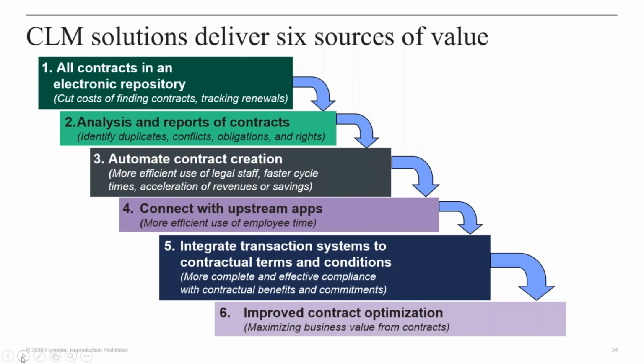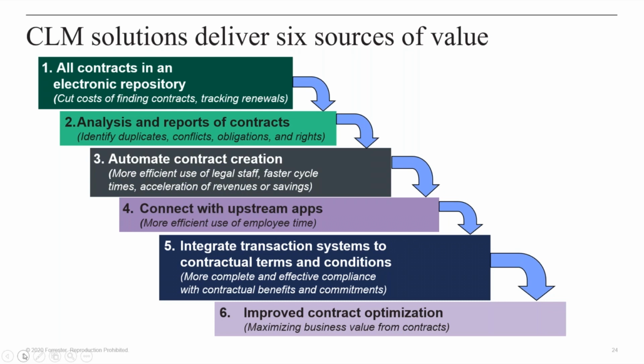That way we can find them and we can cut the cost of finding them. But that way also we know what's up for renewal. We won't lose track of contracts that we want to renew because they have really good terms. And we also won't lose track of contracts that we wanted to expire because we're not happy with the supplier, yet if we don't keep track of it, they automatically renew and now we're stuck with them.